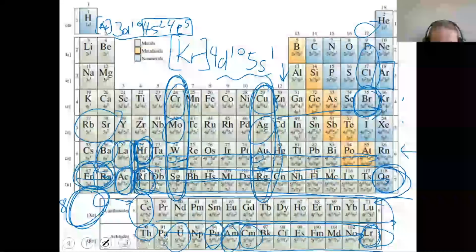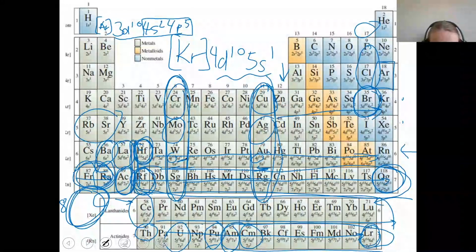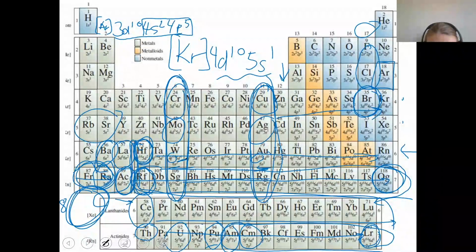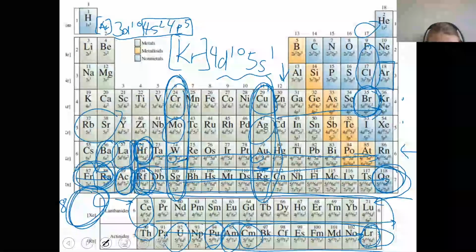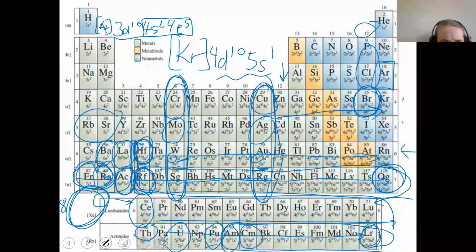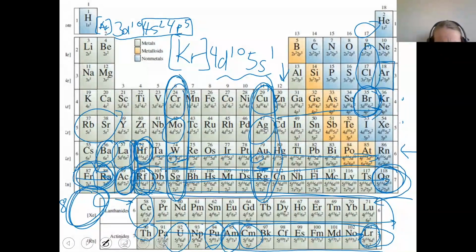I could be wrong about that. Tungsten might not be an exception. It's really hard to read, to be honest. But it looks like we've got 4f14, 5d4, and 6s2.